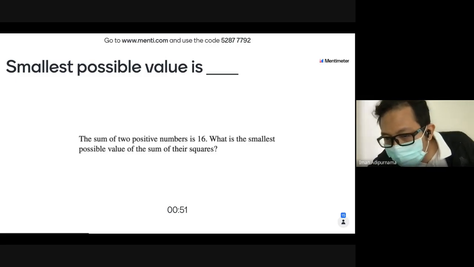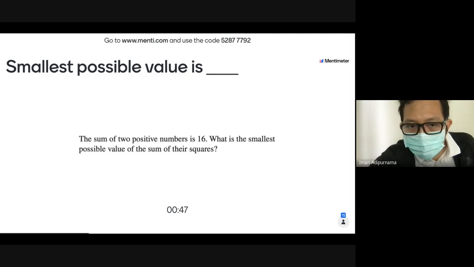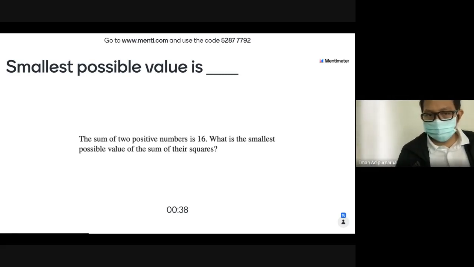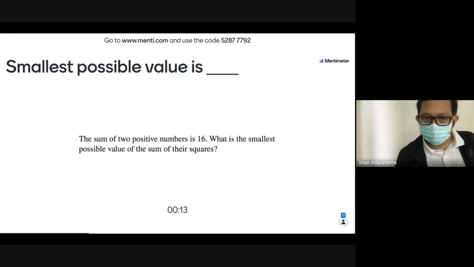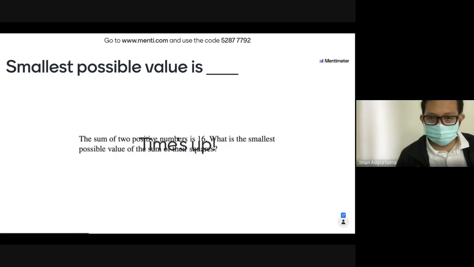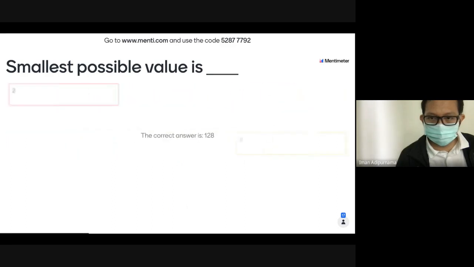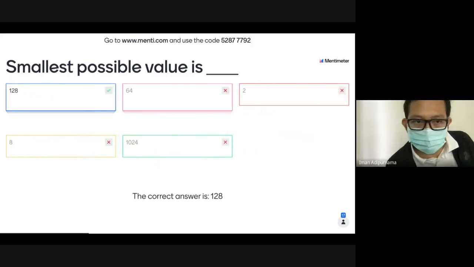Error? What kind of error? Oh, really? Okay.